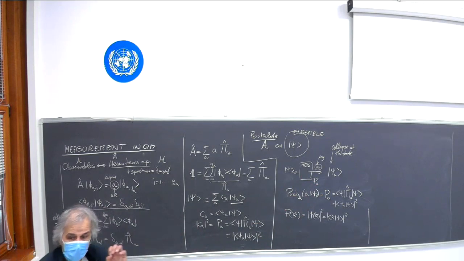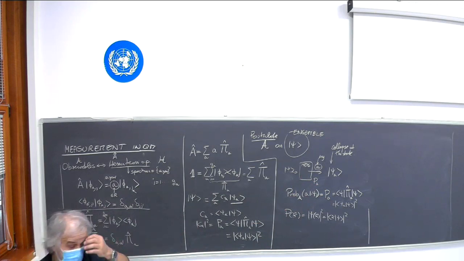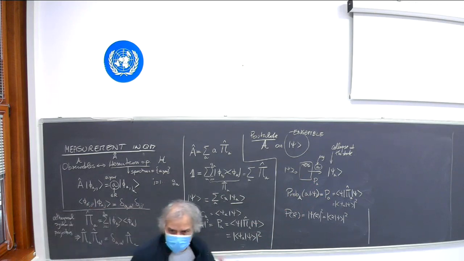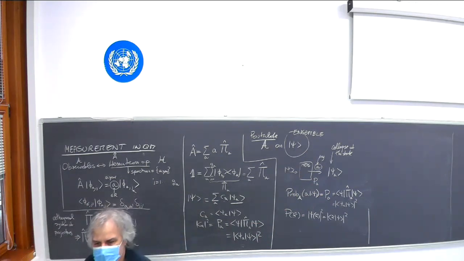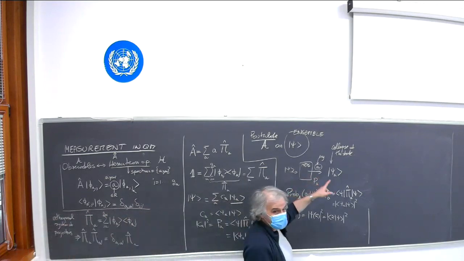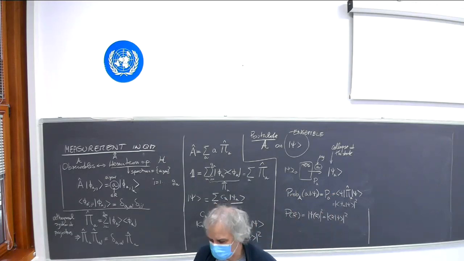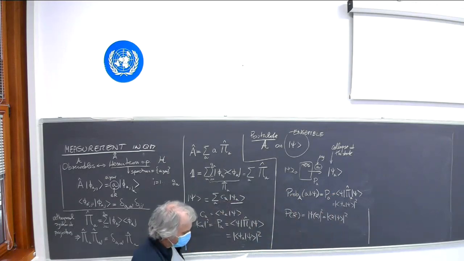But when I measure, I have some apparatus, so my system interacts with this more or less classical apparatus. I do something, and at the end I can measure one of the eigenvalues with a certain probability. One or another, all of them obviously can come out.